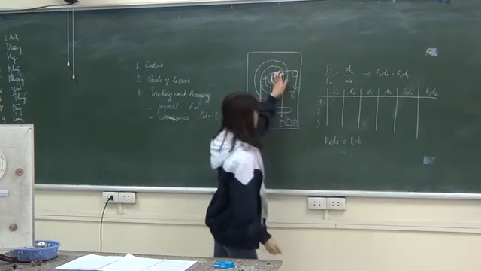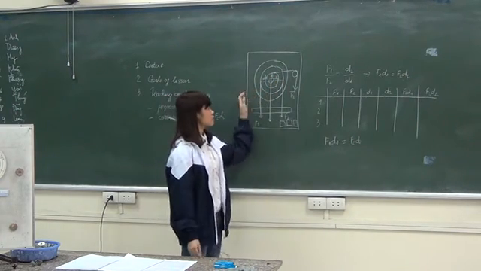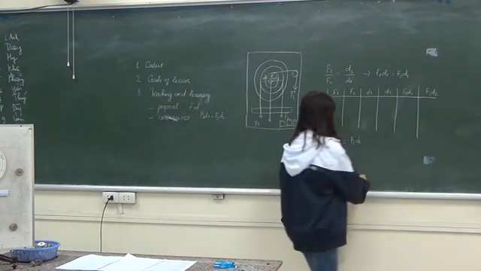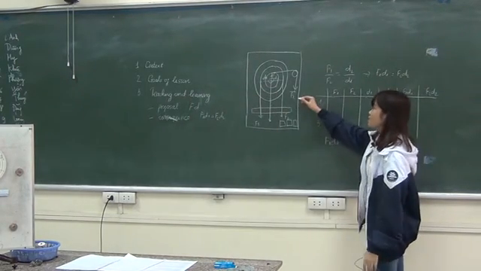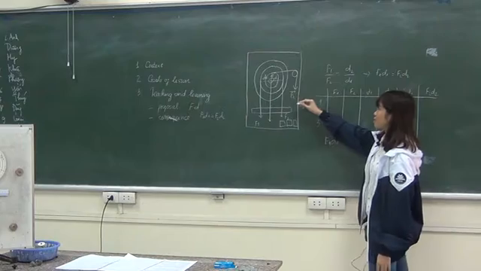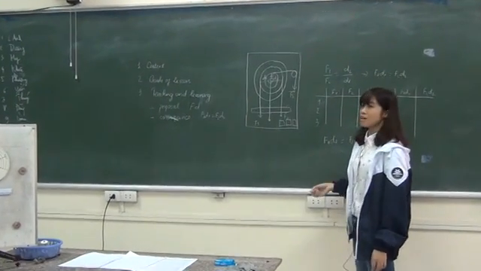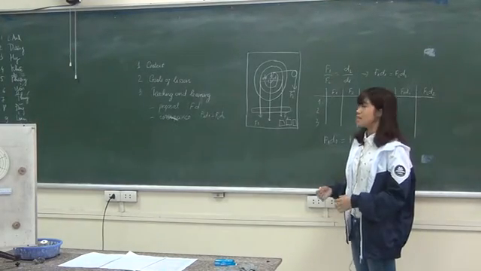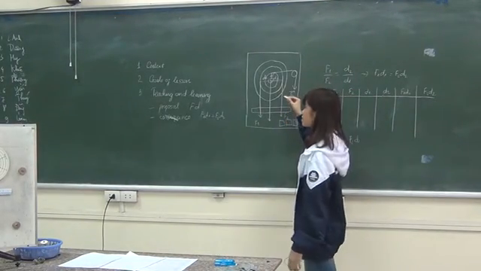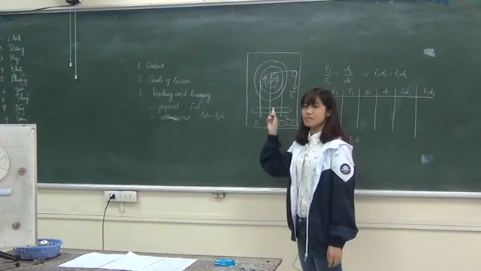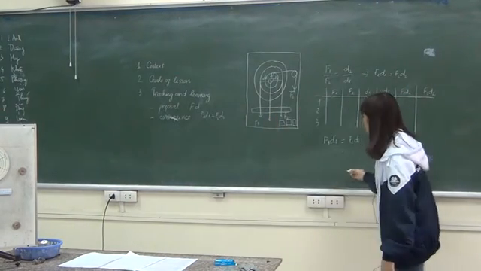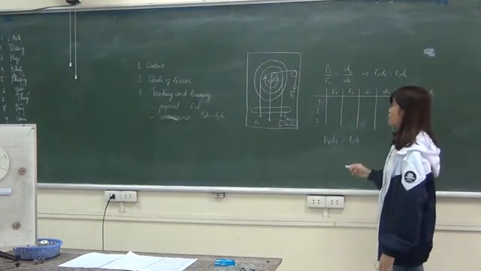F2 D2 makes the disc rotate clockwise. So for the disc to be in equilibrium, the total turning effect making the disc rotate counterclockwise equals the total turning effect making the disc rotate clockwise. And this is the condition of equilibrium.